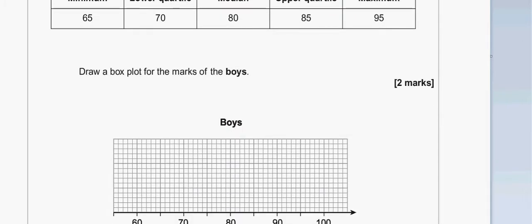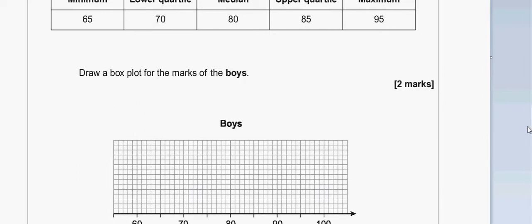So if I just move that just a shade. So the minimum mark is 65. Okay, so 65 is about here. The maximum mark is 95, so that's about here.